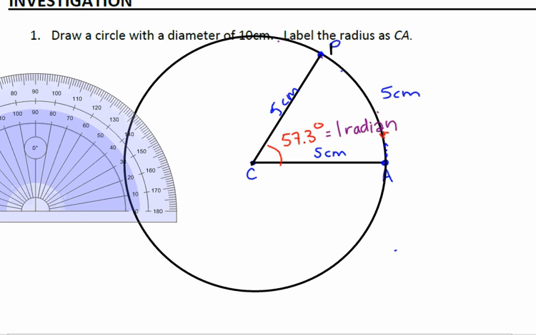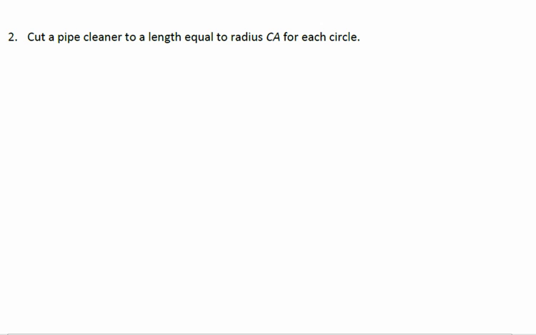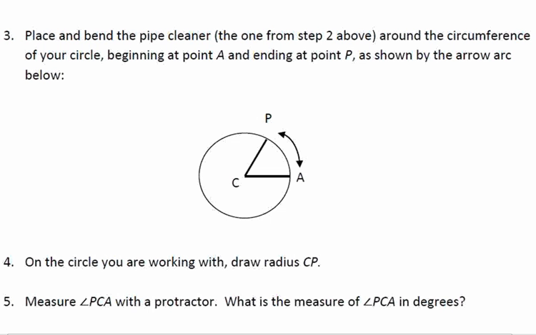Okay? So, by definition, a radian is, if we can go to the next page, when our radius and our arc length are the same length. That angle it makes is 1 radian. So this would be 1 rad.